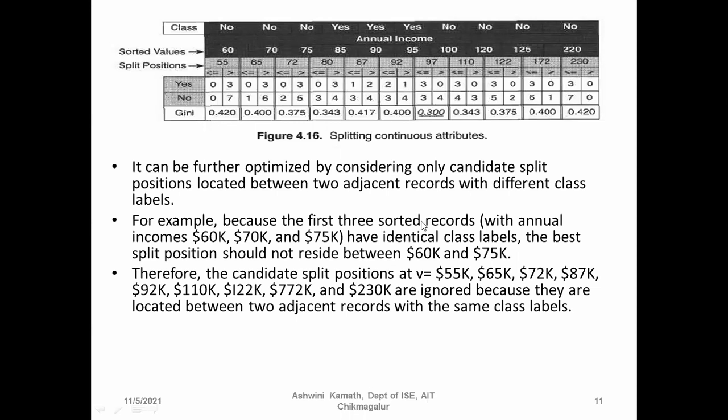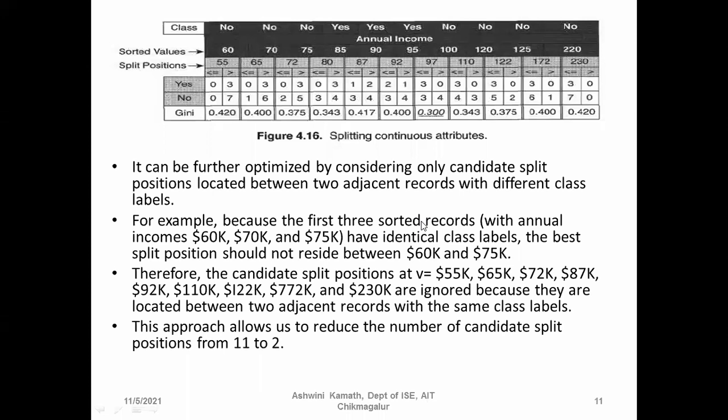So when we have identical class labels for a split position, we can avoid that. 92K, 110K, 122K, 172K, all these will be removed, and we can consider only two. Instead of 7 split positions, we can consider only 2.